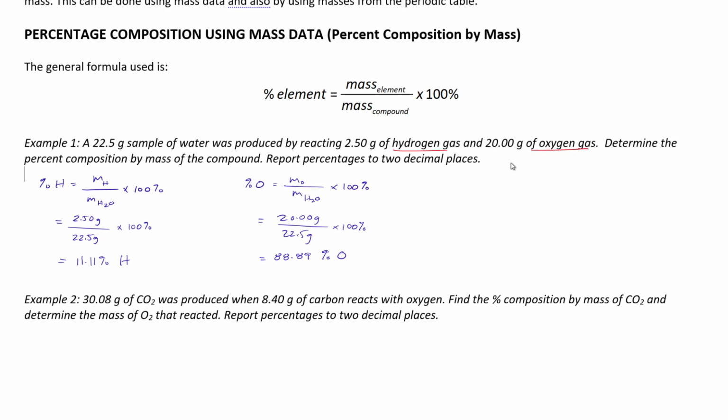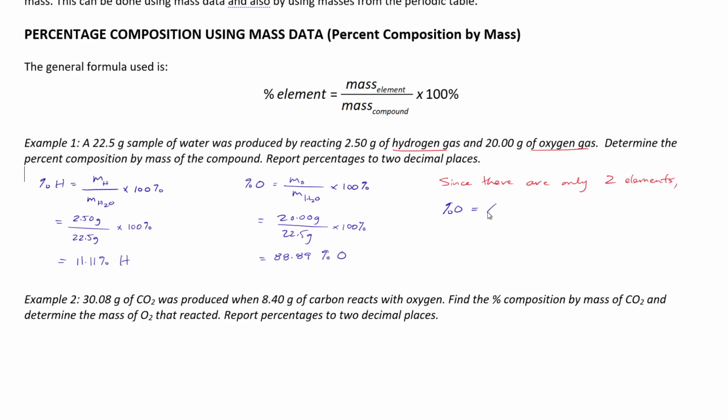Now, since there are only two elements in this question, hydrogen and oxygen, once you have the percentage of one, you automatically have the percentage of the other because both percentages add to equal 100%. So if you wanted to find the percentage of oxygen, you actually didn't need to do this calculation.